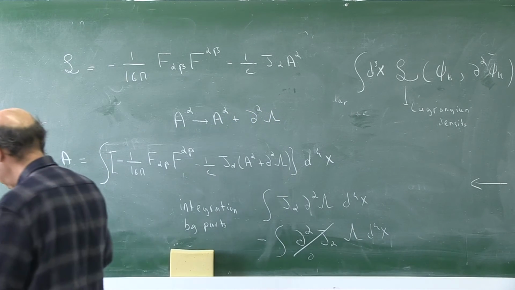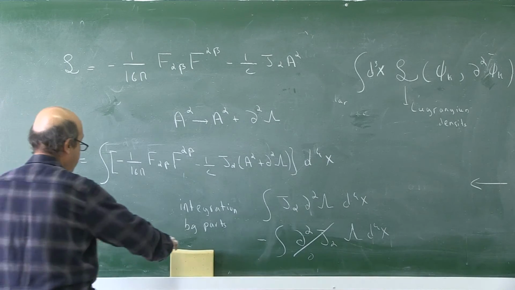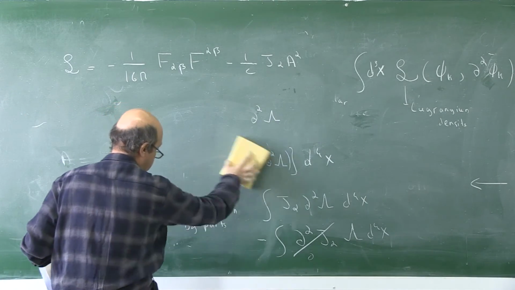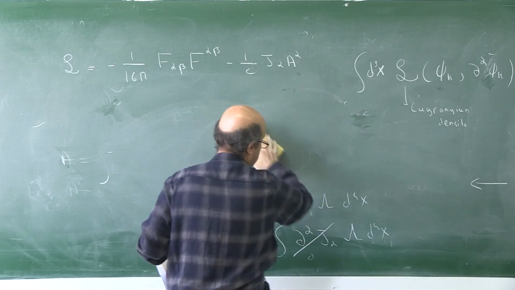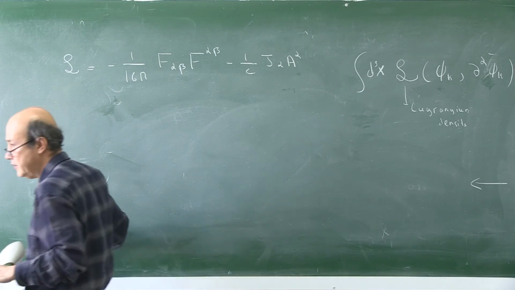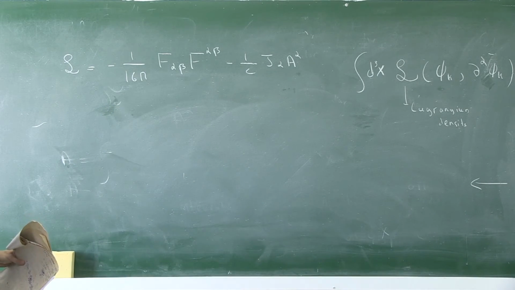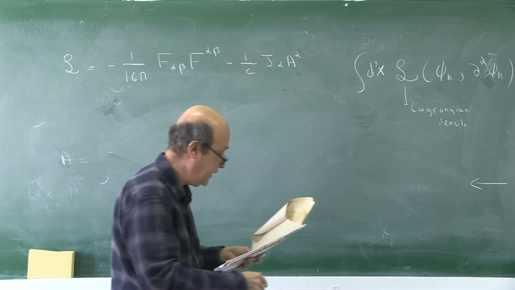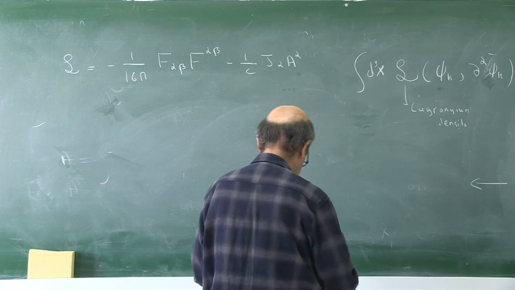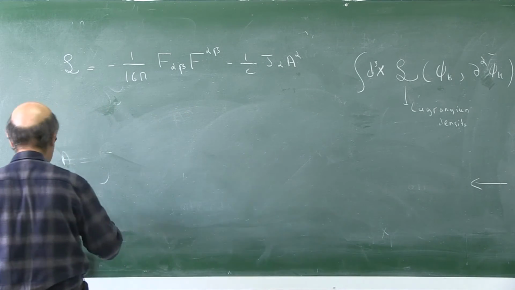Now we are ready to work on the Euler-Lagrange equations. So we set a Lagrangian density made of scalars under the action that is gauge invariant. Let us try to evaluate the elements of the Euler-Lagrange equation.